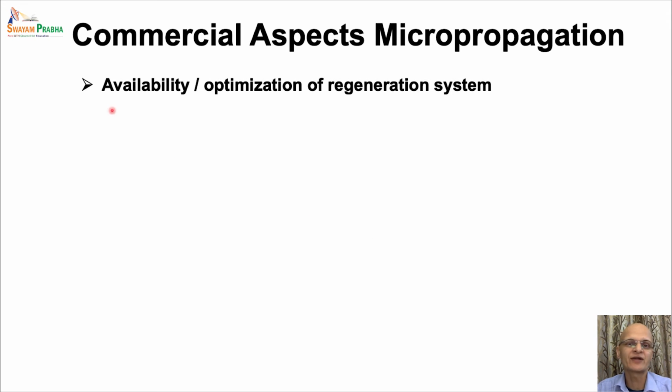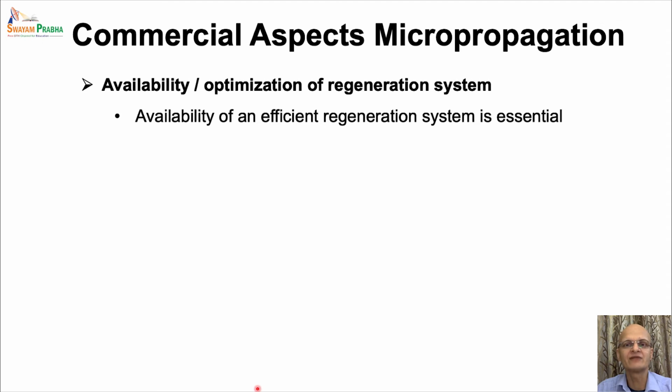So the next important parameter is the availability or the optimization of a regeneration system. We need to have an efficient regeneration system, because this is the basic requirement for establishing micropropagation.